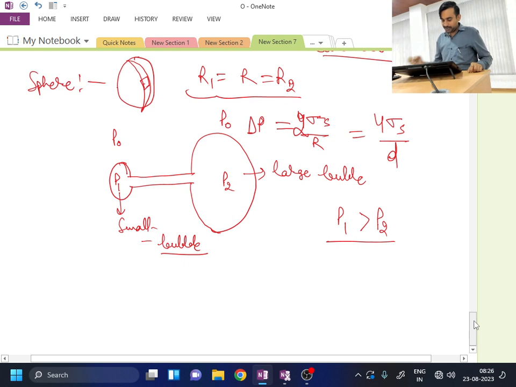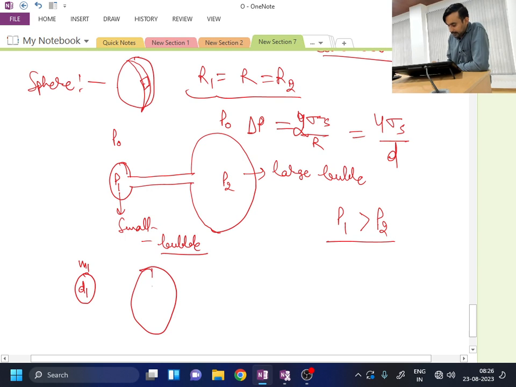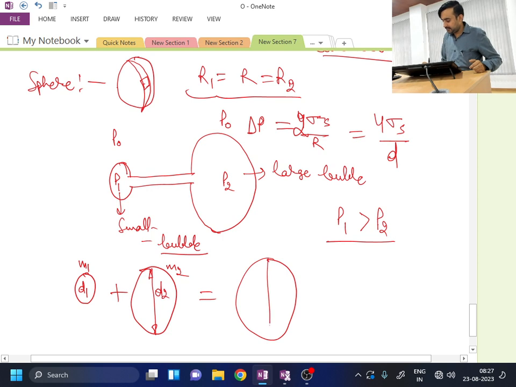Now let me give you one problem. So this you have to try. Let us consider that we have one bubble of d1 diameter and m1 mass, and another bubble of d2 diameter and m2 mass, and these two have joined together to form a third bubble having size d3 and mass m3.